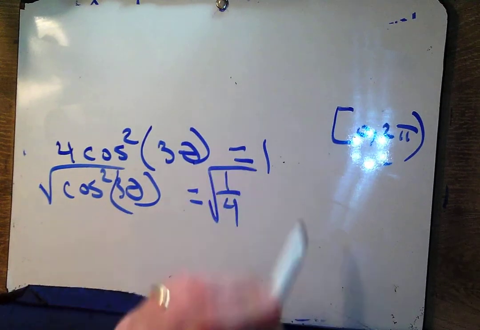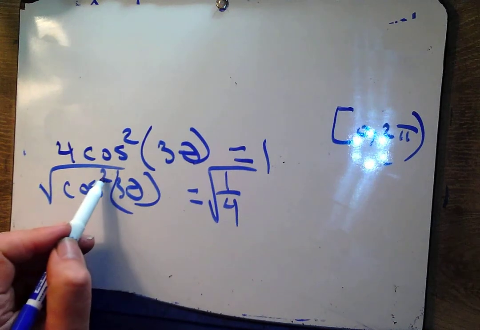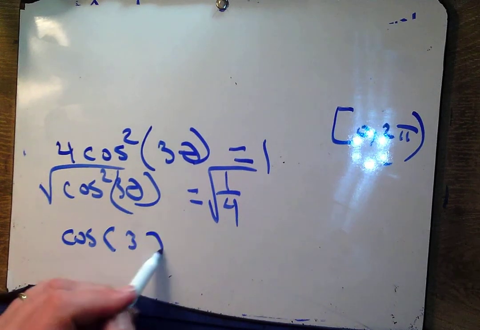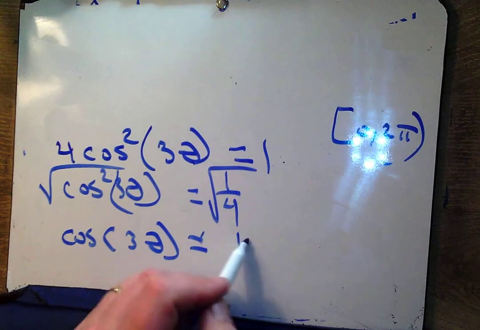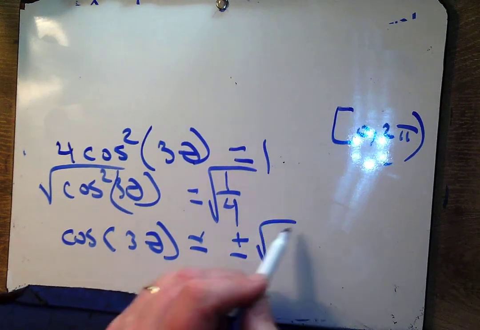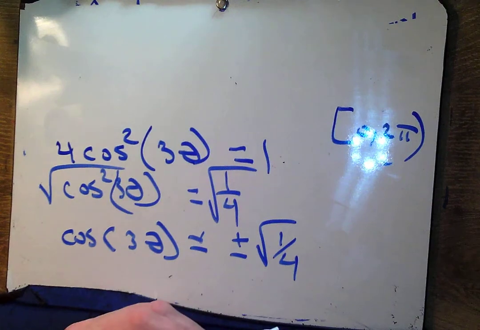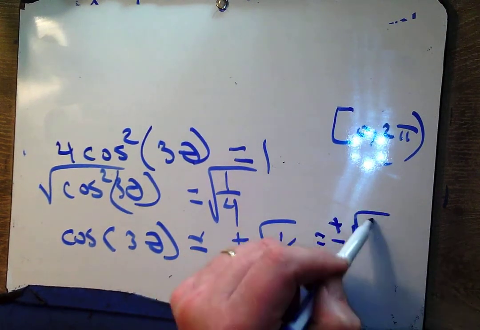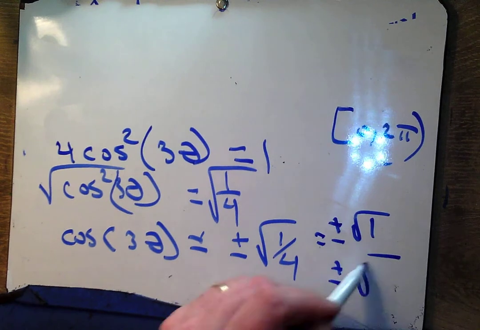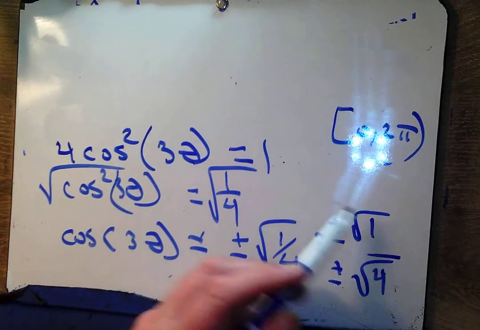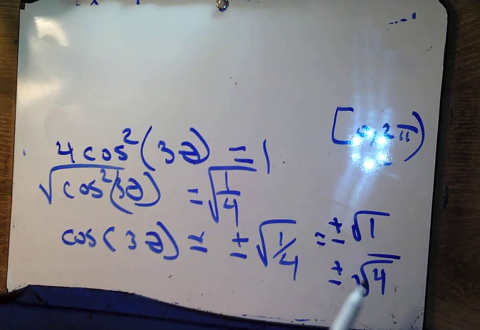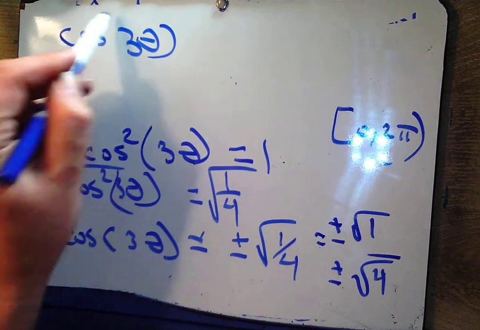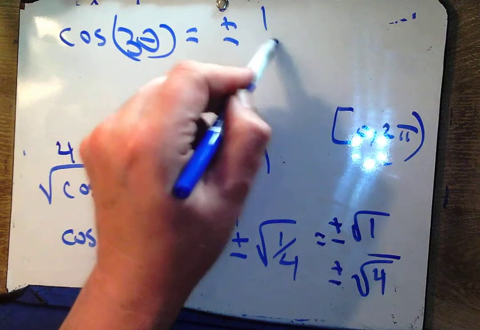And then you took the square root, because you've got to deal with that before you deal with the angle. So cosine 3 theta is going to be plus and minus square root of 1/4, which doesn't help a lot of people. It really helps to write that as plus and minus square root of 1 over plus and minus square root of 4. Because when people do this, they see, oh, that means cosine 3 theta should be equal to plus and minus 1 over 2.